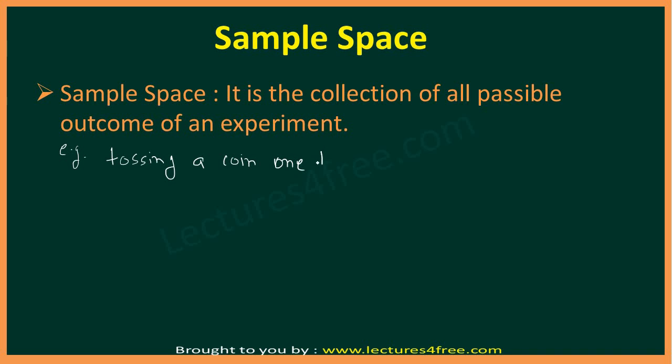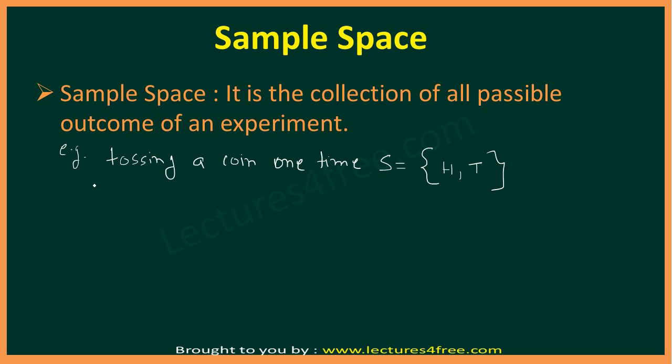So our sample space will be all possible outcomes. If you are tossing a coin, then all possible outcomes will be either head or tail.